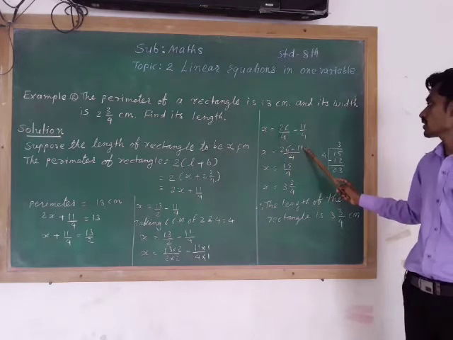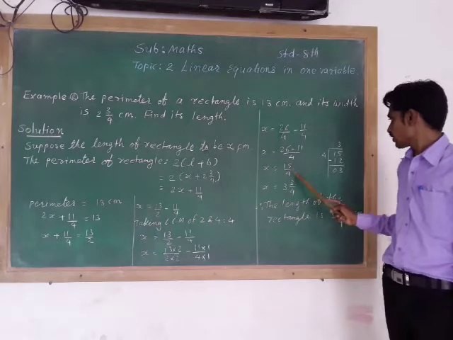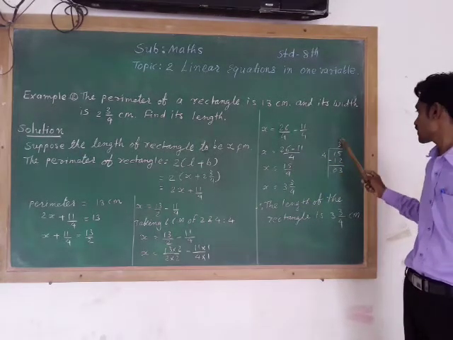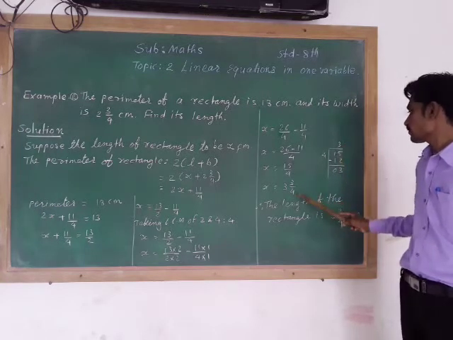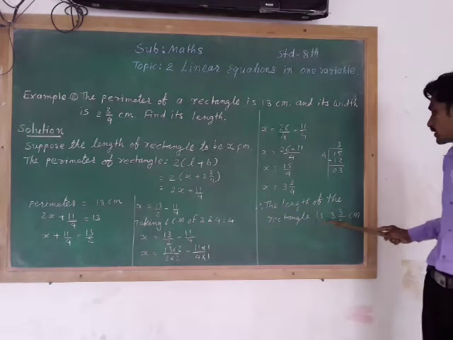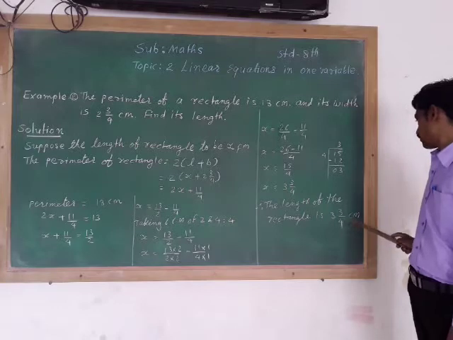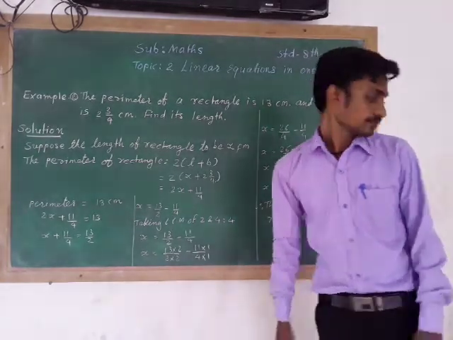So 26 minus 11 is equal to 15 by 4. Okay. Now we divide 15 by 4. 4 threes are 12, 5 minus 2 is 3. So 3 integer 3 by 4 centimeter. Okay. So the length of the rectangle is 3 integer 3 by 4 centimeter. Understood this example also? Okay.